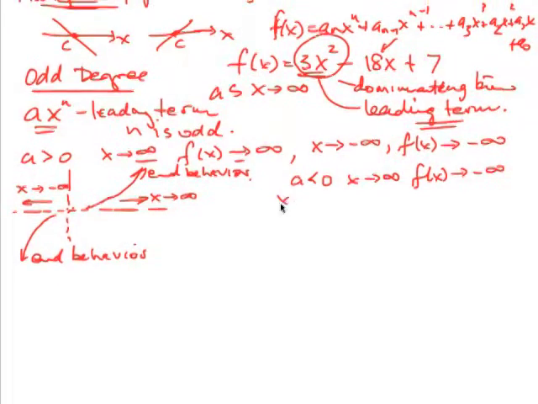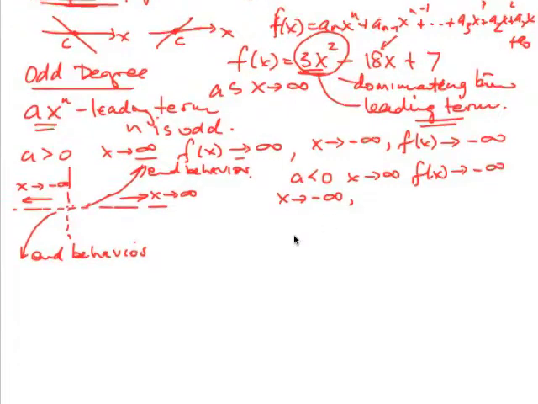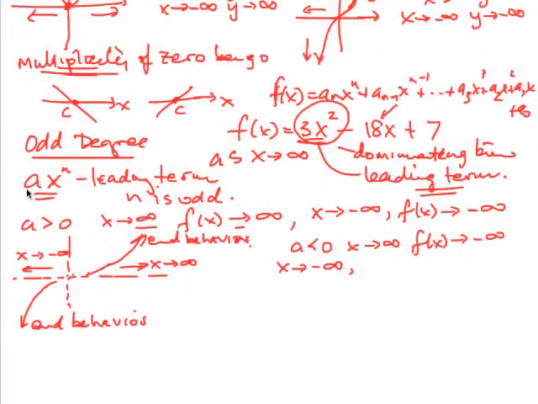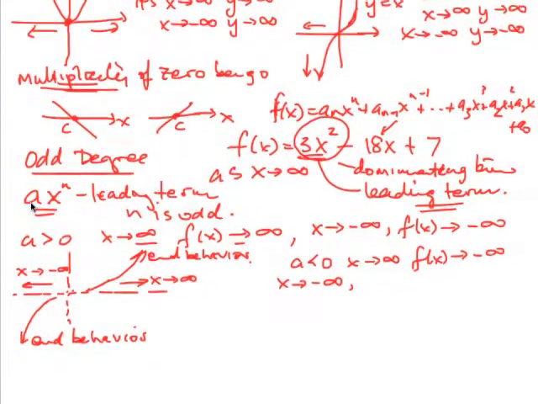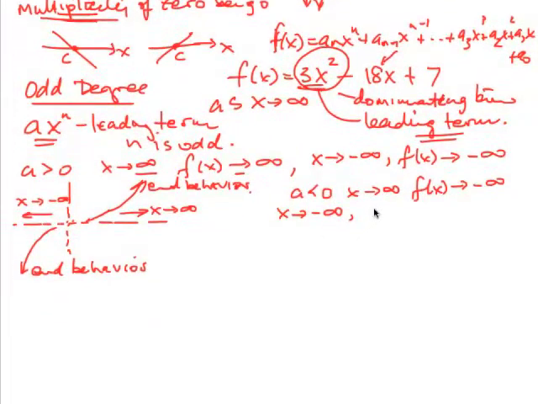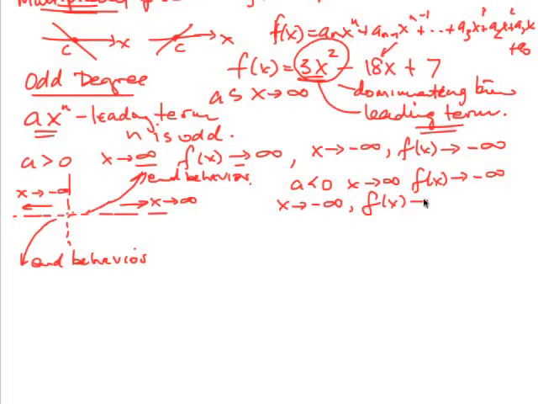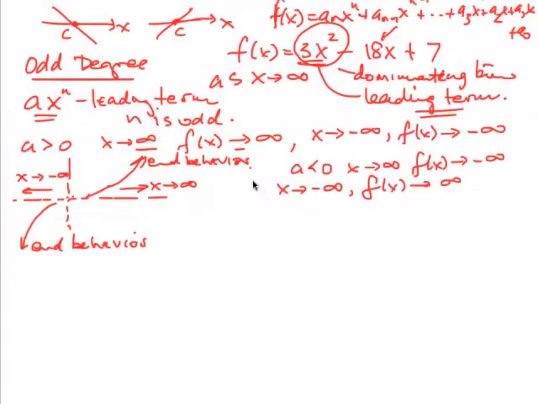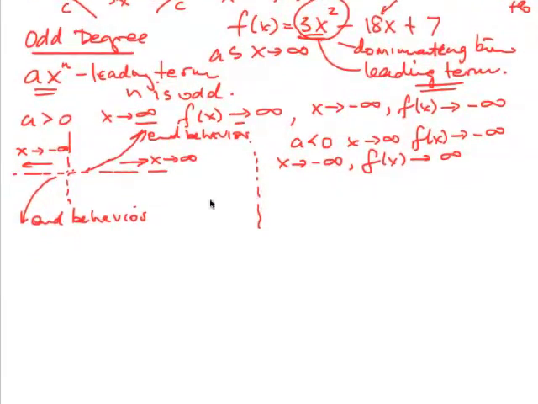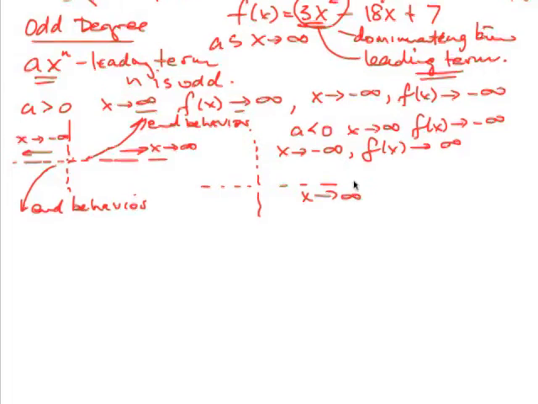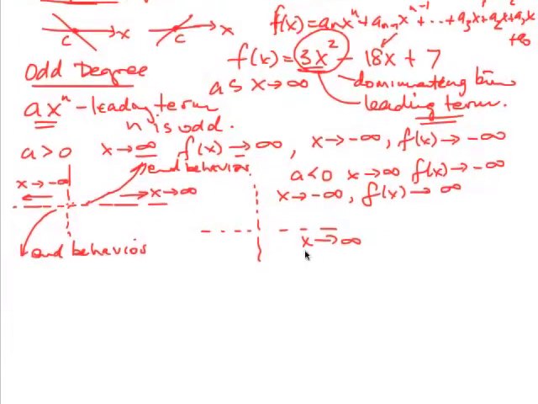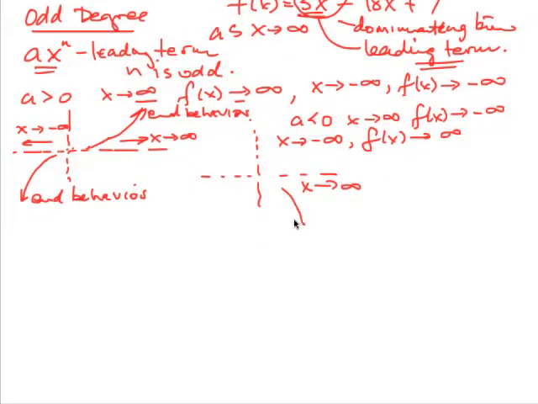All right, now as x approaches negative infinity, then a is negative, remember, and this is going to be a large negative number, and a large negative number times a negative number will be a large positive number. Right, so again, if we look at our virtual axes here, as x goes towards infinity this way, notice that this is going towards negative infinity, so it's going down like this.